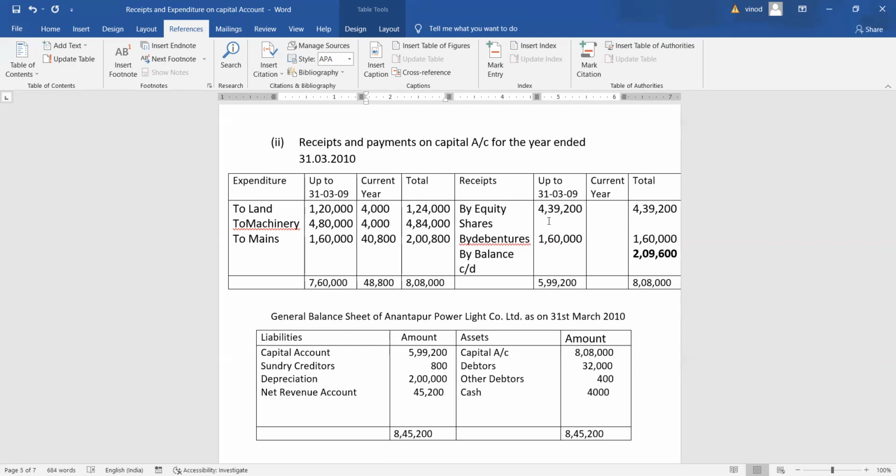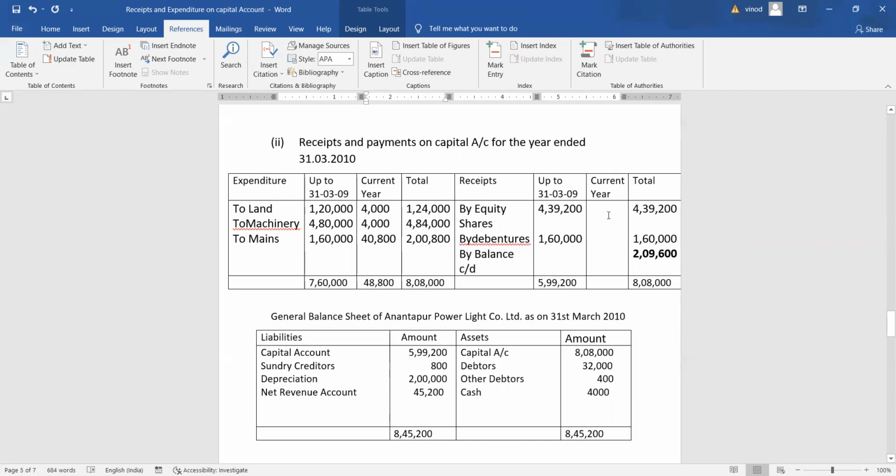By writing these two separately, we should then show the total value by adding up to the beginning of the current accounting year and the current year. Now equity shares up to 31st March 2009, that means the beginning of the accounting year, 4,39,200. This 4,39,200 we have written.